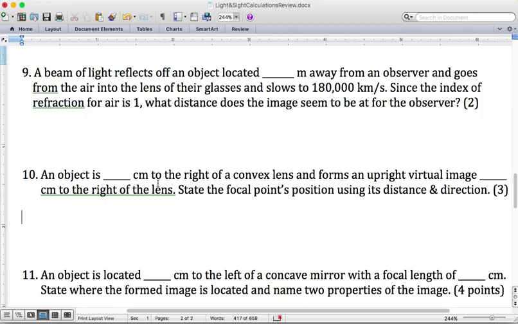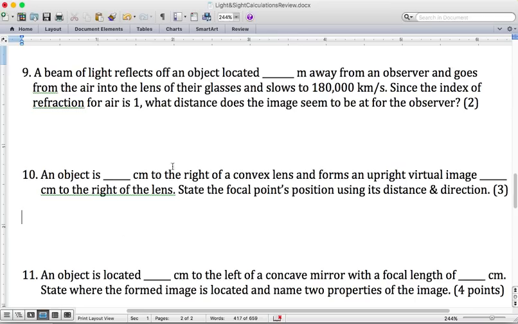Alright, so we have a convex lens. Let me make sure that's what we're working with here. Yeah, convex lens. Alright, so we have an object close to a convex lens. Let's say that it's 4 centimeters away. So this distance right here is 4 centimeters.